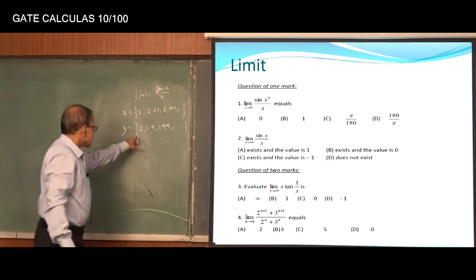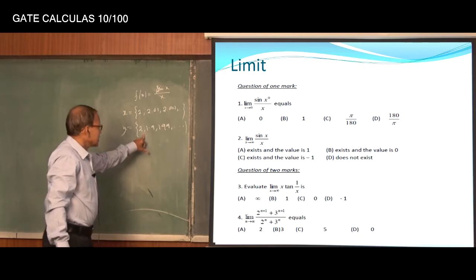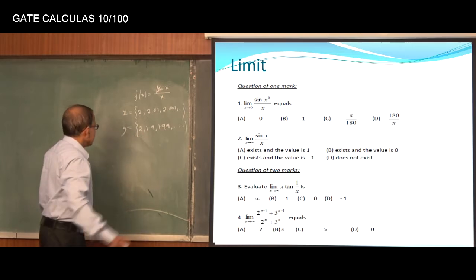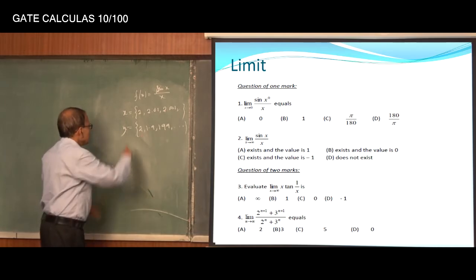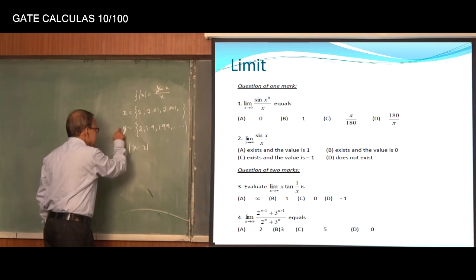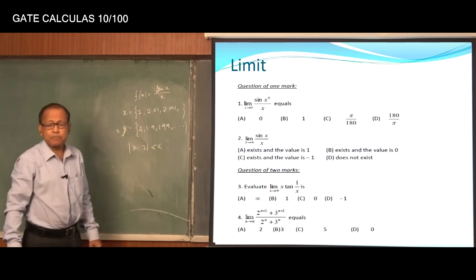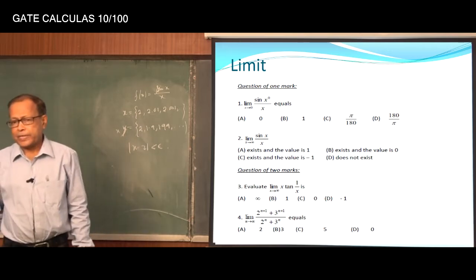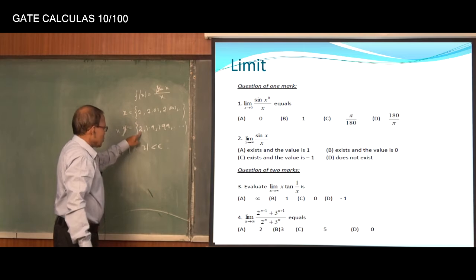And in the second case also y tends to 2, here y is in the vicinity of 2 no doubt. In both the cases we write mod x minus 2 is less than epsilon. Epsilon is a pre-assigned positive number in each and every case. Here 2, here also 2.